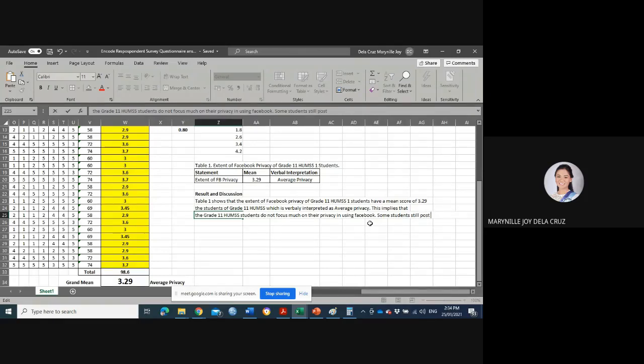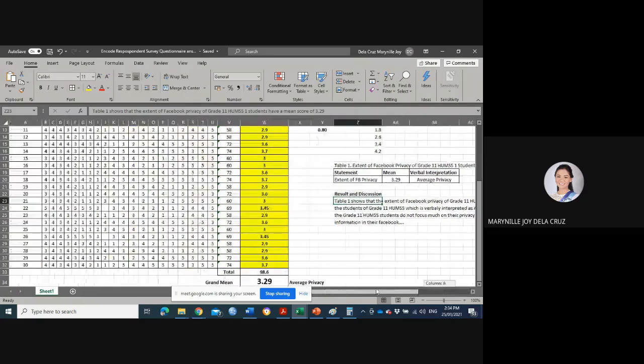Tama no, post. Their personal information in their Facebook. And so on and so forth. So that's how you write your discussion for this table.